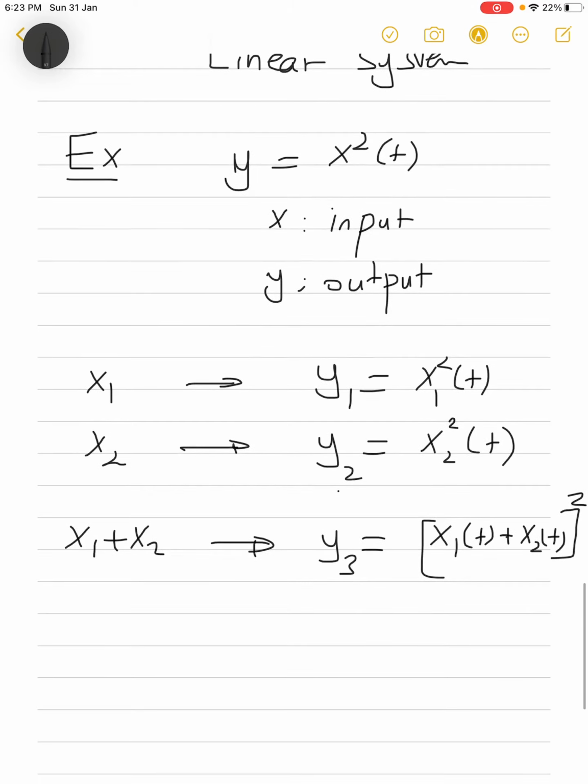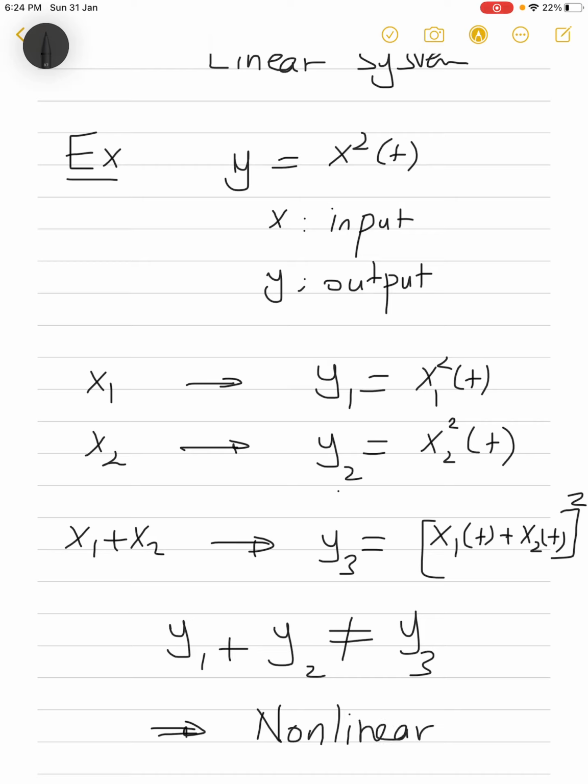So we conclude here that y1 plus y2 is not equal to y3, and consequently the system is nonlinear. So this is just a simple example to illustrate what we mean by linear and nonlinear systems.